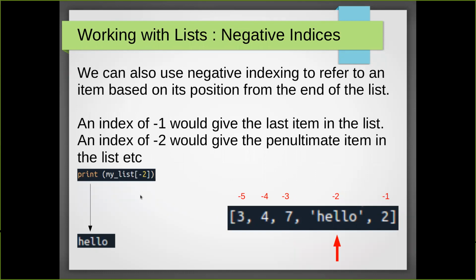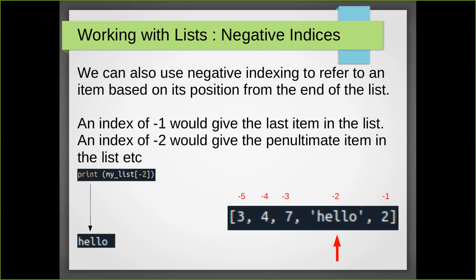We can also use negative indexing to refer to an item based on its position from the end of the list. If we give it the index of -1, that will give us the last item in the list. Similarly, if we give it the value -2, that will give us the penultimate item in the list, the next to last item, and so on. And of course, that doesn't start from 0 because 0 is used for the first element, just for that extra little bit of confusion.